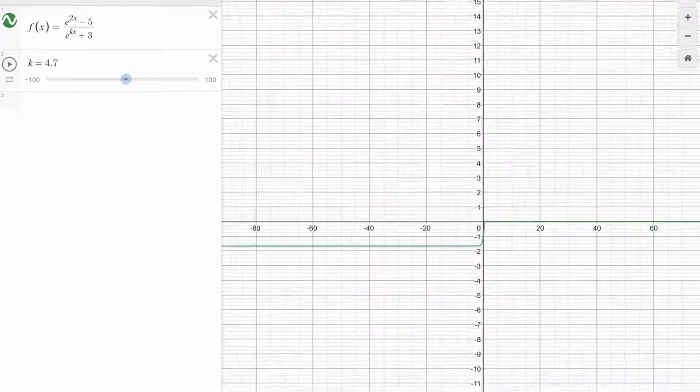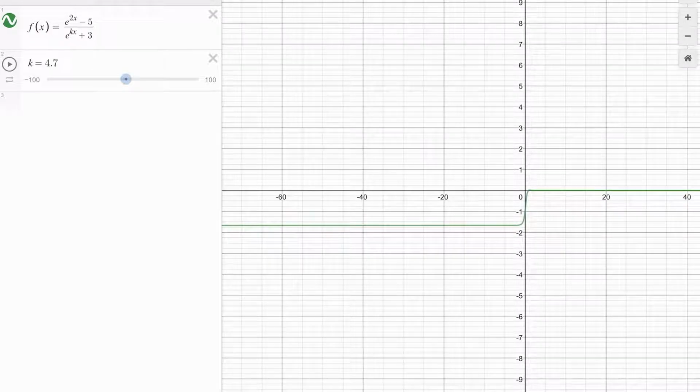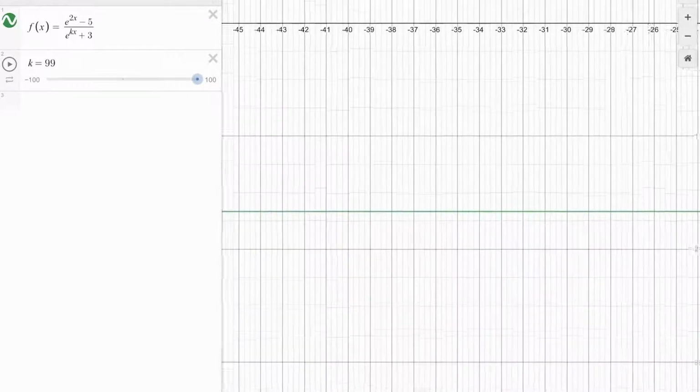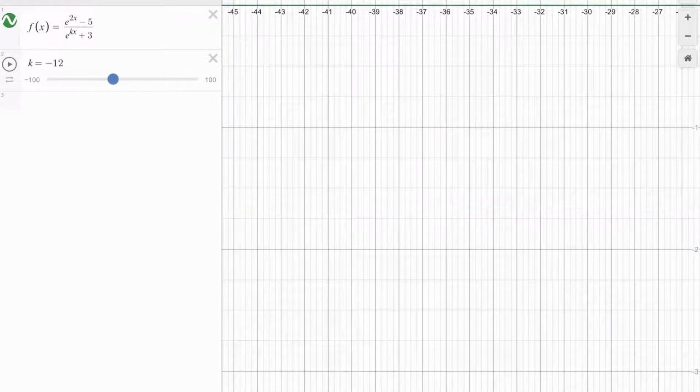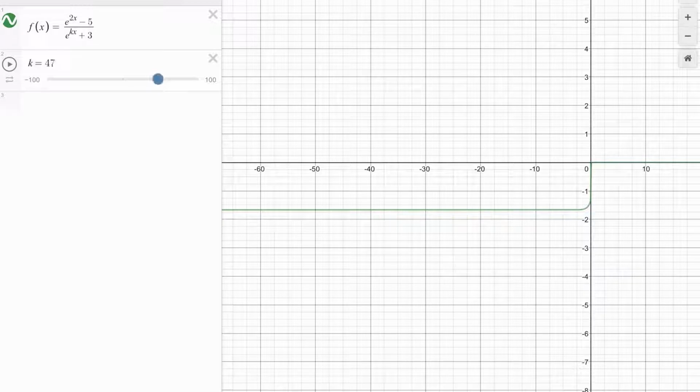What I want you to do is watch the asymptote on the left as I change the slider of k. Now the value of the asymptote might change, but that's not the question. The question is we just want it to exist. We want that limit to be there. So as I start to slide this, we can see for a lot of these values it doesn't really seem to change the limit. I mean, obviously it is, it's just that my scale is a little bit hard to see, but when I'm sliding the value of k really large, it doesn't seem to be affecting the existence of a limit.